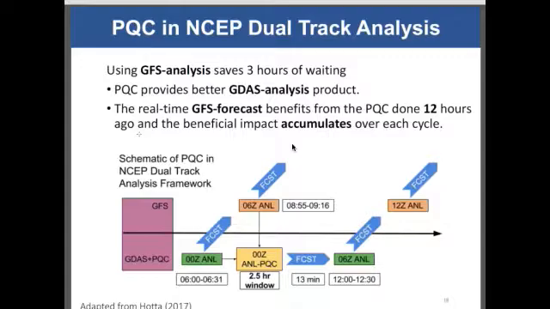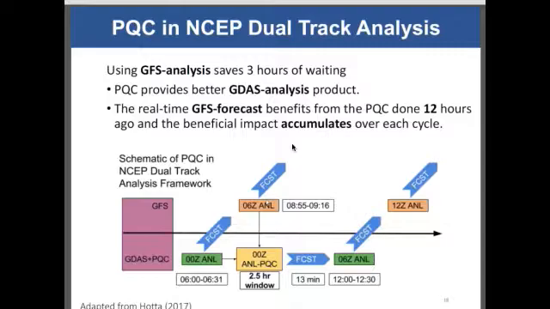Yeah. So essentially, we're trying to use PQC to correct this analysis. It's the 0Z analysis. In order to do PQC, we need the 06Z analysis in order to do EFSO and PQC. Normally we would think that this is the next available analysis, but it was actually your suggestion to not wait for the final analysis here, but just make use of the early analysis as verification.